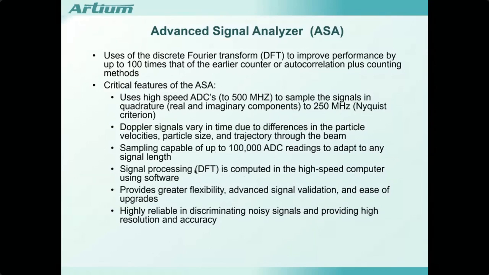The earlier FFT or DFT-based instruments generally used electronics-based processing. For example, they would use a digital signal analyzer, and those devices were very fast, but they were kind of fixed. They had to be programmed in one fixed state, and so that was limited to computing DFTs of a fixed number of samples, and didn't provide much flexibility.